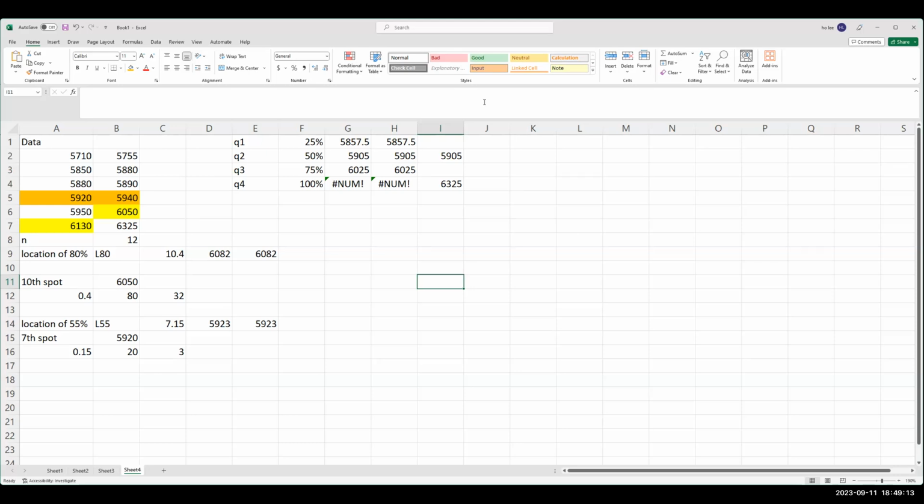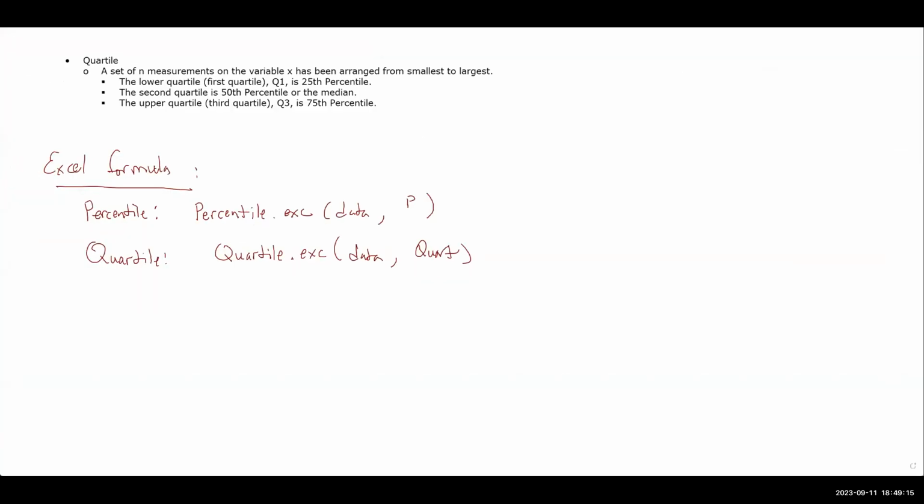All right, let's move on to the whiteboard. And let's talk about the 5-number summary and the box plot. Clear this. The 5-number summary is pretty straightforward.